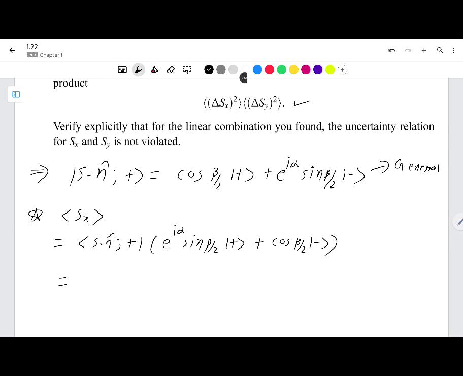And there is an h bar upon 2. So when we multiply this back, this will give us e power i alpha.